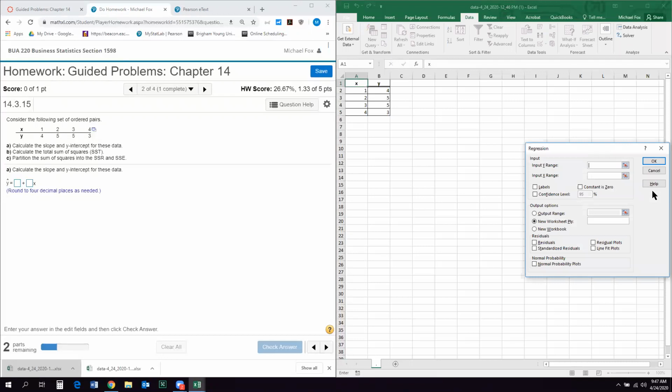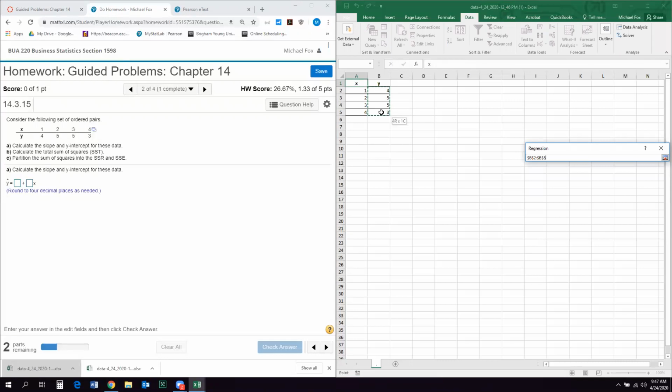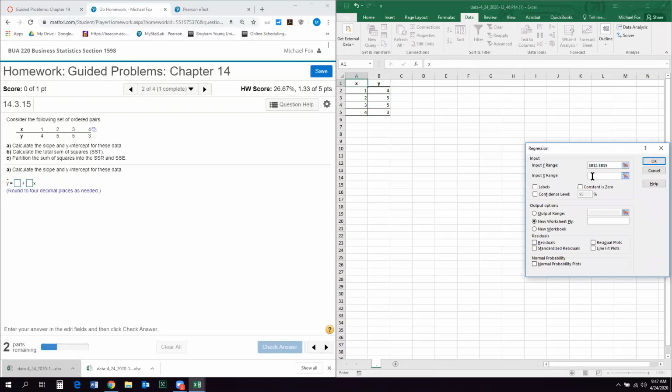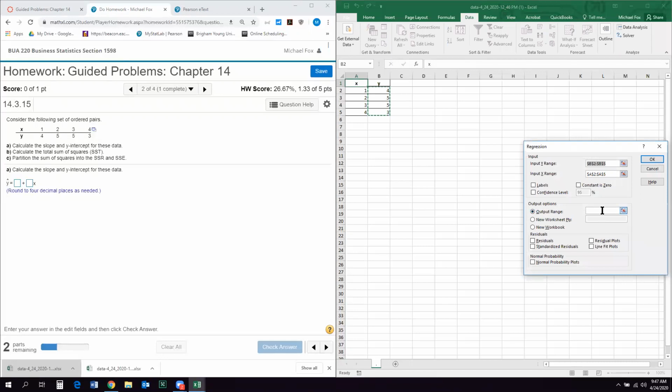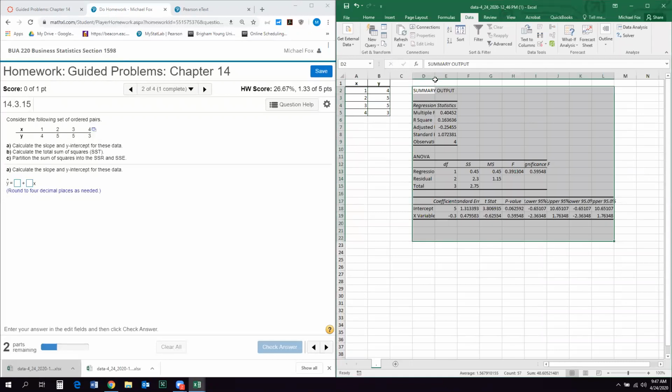I hit OK. Then it wants my Y range, so I'm just going to highlight these. And my X range, I'm going to highlight these. And then it wants my output range, and that's just where I want it to put this info. So I'm just going to say put it right there for now. It doesn't really matter. And it spits out this summary output.